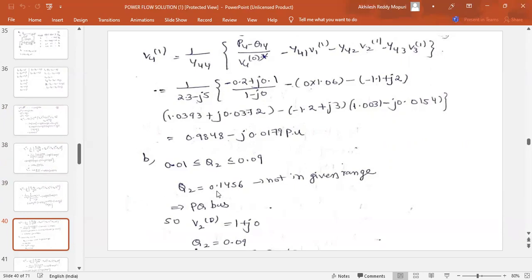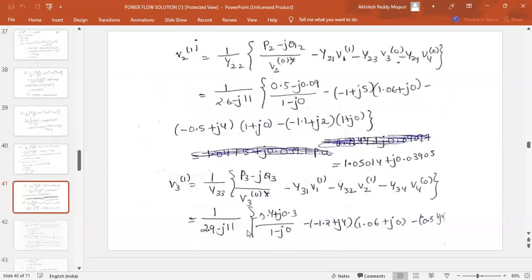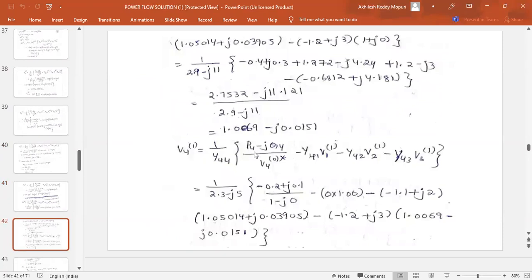When it is not in the range, you proceed as a PQ bus. Now, since 0.14 is near to 0.09, we are fixing Q2 as 0.09. And as it is not in the range, we are deleting the voltage given and taking the flat start voltage. And then we are proceeding as a PQ bus again.